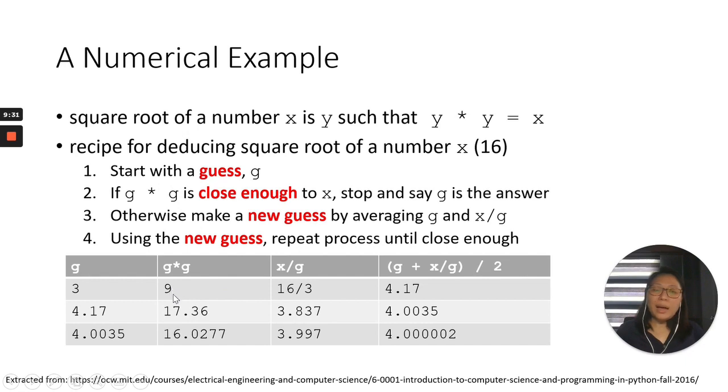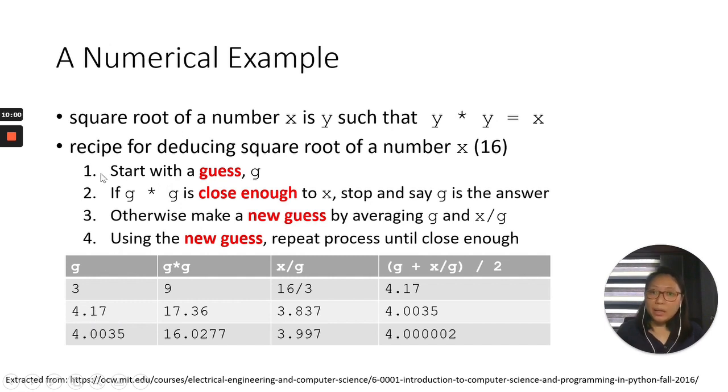And 9, I don't think it's close enough to 16. So we do step 3. Otherwise, make a new guess by averaging g and x over g. So here, the average of g and x over g is 4.17, and this becomes the new guess for g. We put the value here.